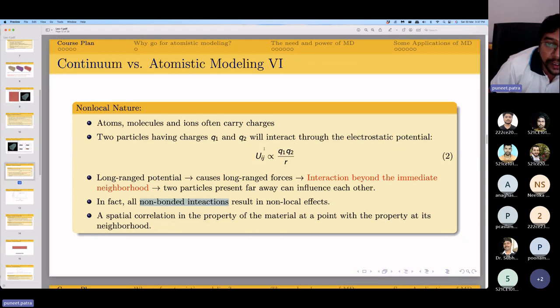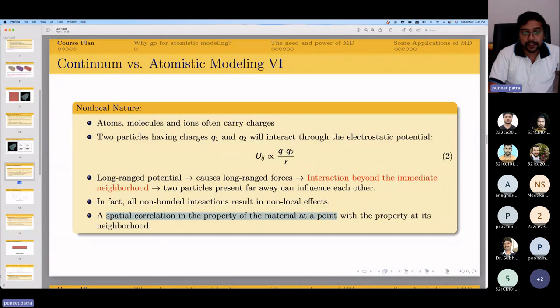And one such non-bonded interaction is Coulomb's law. So what you will get is, unlike at the continuum scale, there is a spatial correlation in the property of material at a point with the property beyond its immediate neighborhood. And this is a major reason why continuum mechanics and atomistic scale mechanics are significantly different.